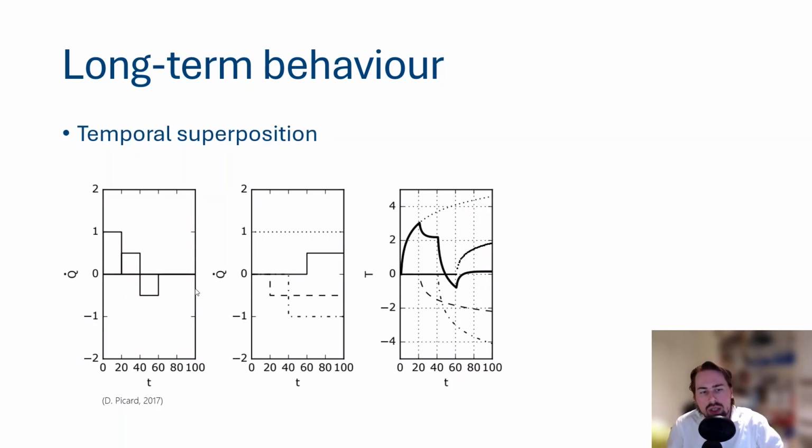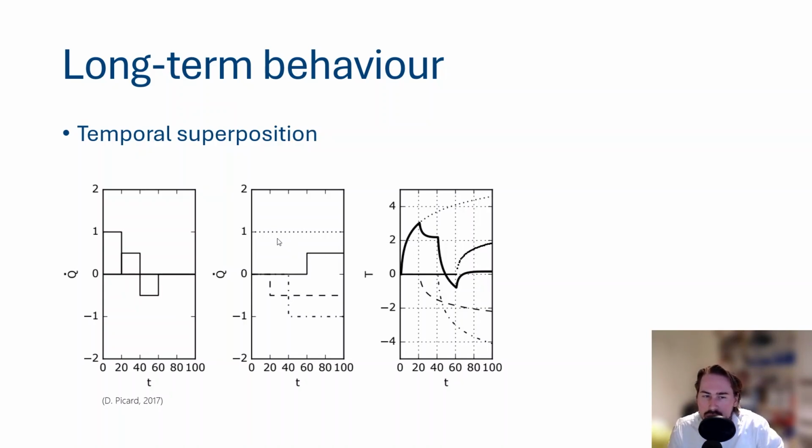So what we then do is we separate, or we decompose this load into different unit steps. So we say, well, okay, we start at time 0 with a load of 1. So at time 0, we start here with a dotted line of 1. And then after 20 hours, we need to go from 1 to a half in heating load.